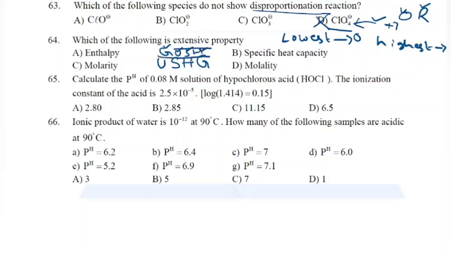All are extensive properties. So here the enthalpy is the extensive property. As my name is Usha, I remembered it as G. You can remember it as GUSH, right? So GUSH are all extensive properties. Yes. Let's move to the next one.